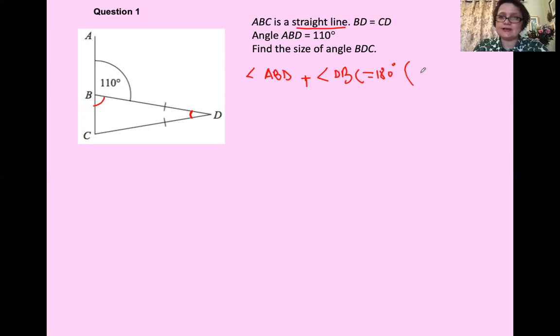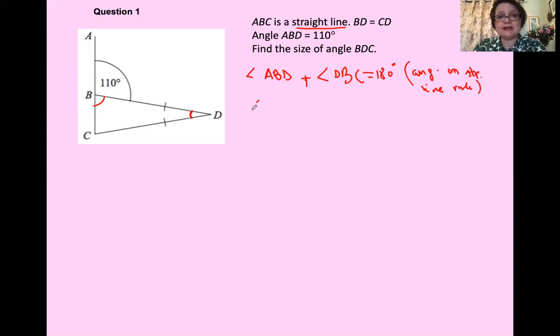And this is how you are going to write down the rule. You don't have to write the whole word, but angles on straight line rule, that add up to 180 degrees. And so what does it mean?